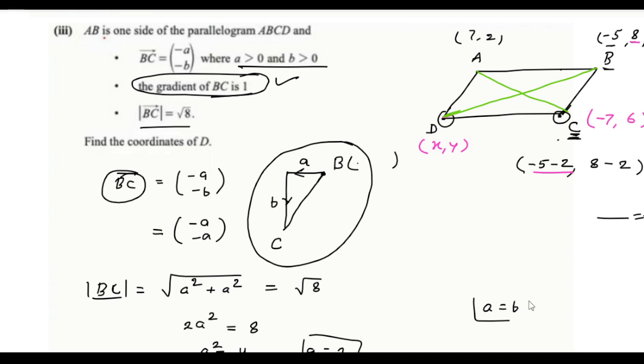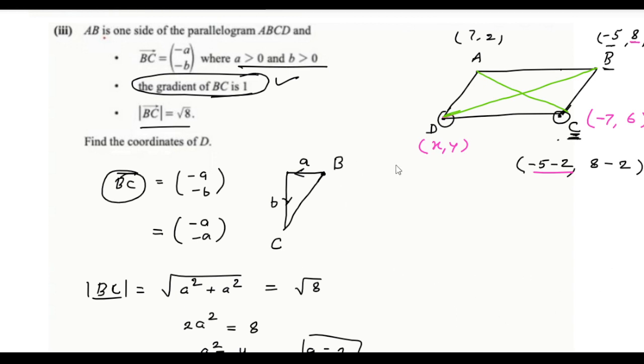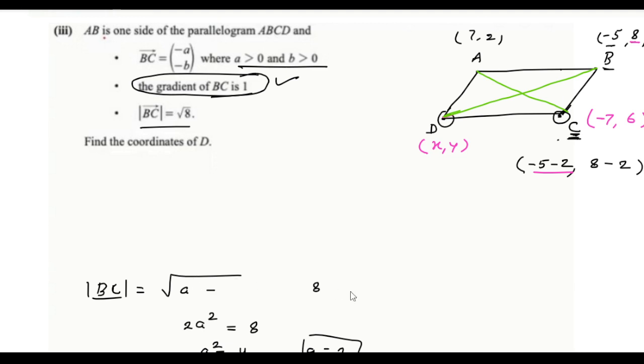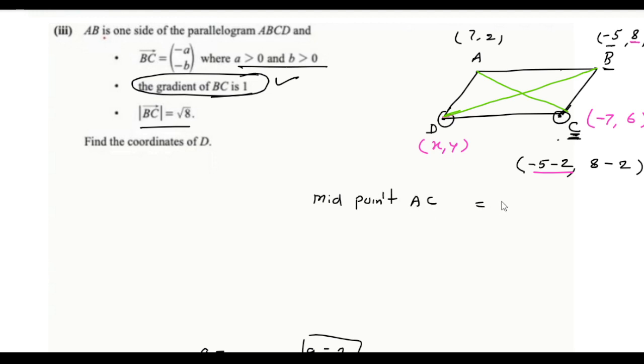Fine. Now as you know the property of a parallelogram, their diagonals bisect each other. So as diagonals bisect each other, both have the same midpoint. So I can say that the midpoint of AC is the same as the midpoint of BD.